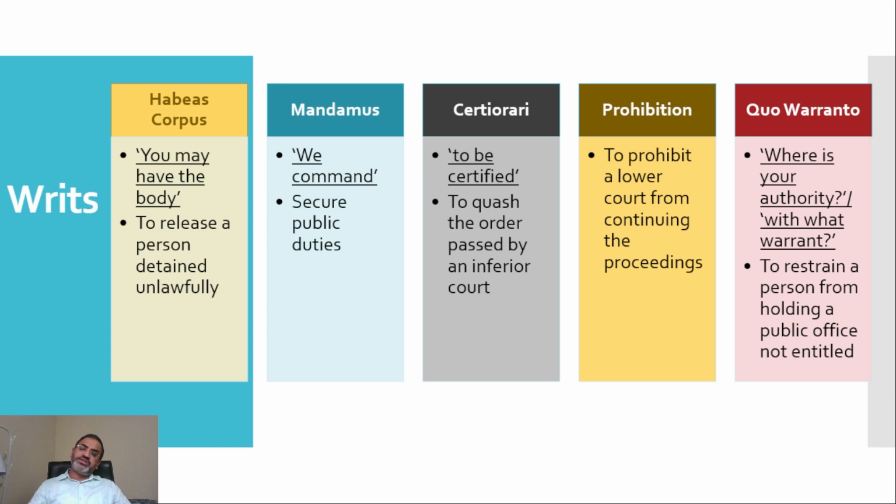Quo warranto is to stop a person who does not possess the requisite eligibility from holding a public office. That is why the writ of quo warranto asks the question, where is your authority and with what warrant? So these are some of the important kinds of writs that you should remember, because these may actually be asked in the exam.